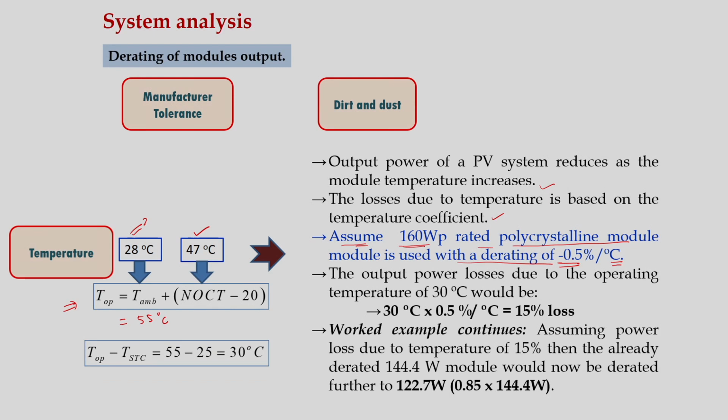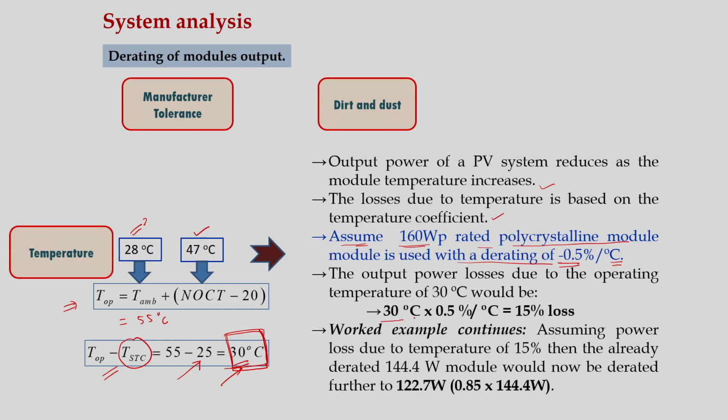Now, if we deduct T STC from this operating temperature, what will be the effective temperature? 55 minus 25 is 30. So, what does it mean? These modules, or say cells, are tested at 25 degrees C. Now, we got a temperature rise of 30 degrees C beyond 25, right.